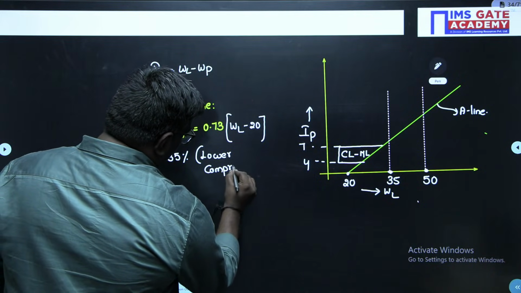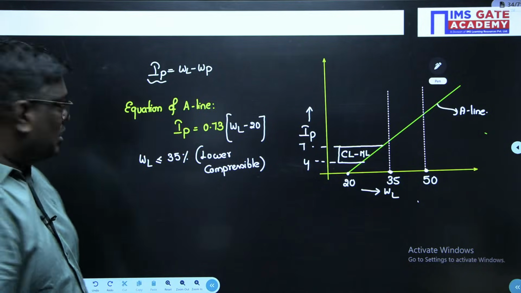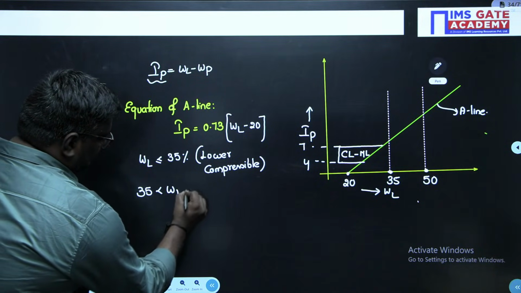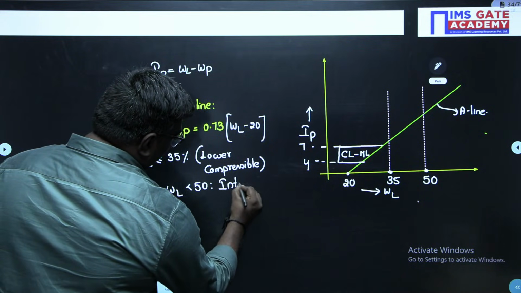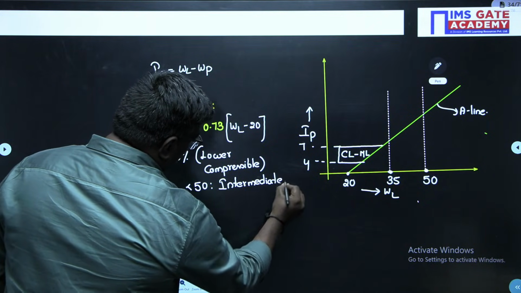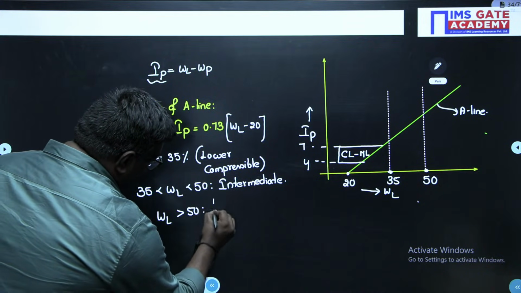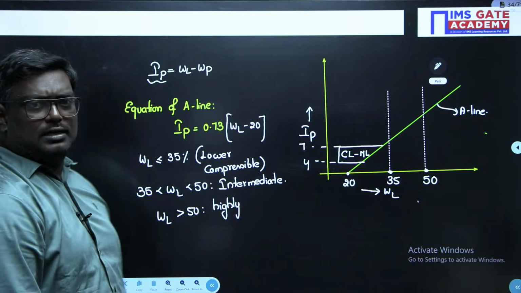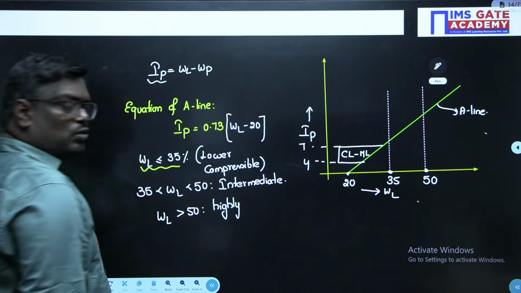If the liquid limit is 35 to 50, we call it intermediate compressible. If the liquid limit is more than 50, we call it highly compressible. Agree, sir? If the liquid limit is less than or equal to 35, it is low compressible.